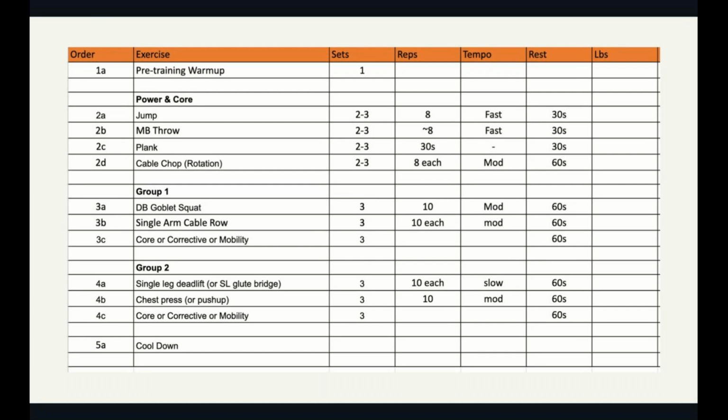Also, power and core are going to double very well as a warm-up, and particularly core work activates, meaning it connects our upper and lower bodies, which are going to be working in the strength groups. So it's really a win-win to get the most out of core work if you put it at the beginning.